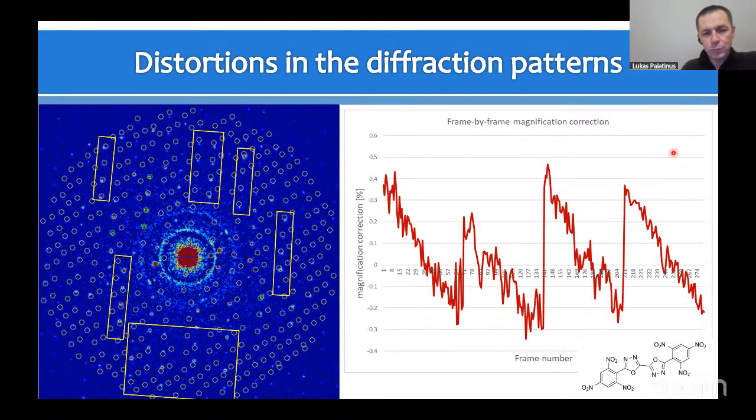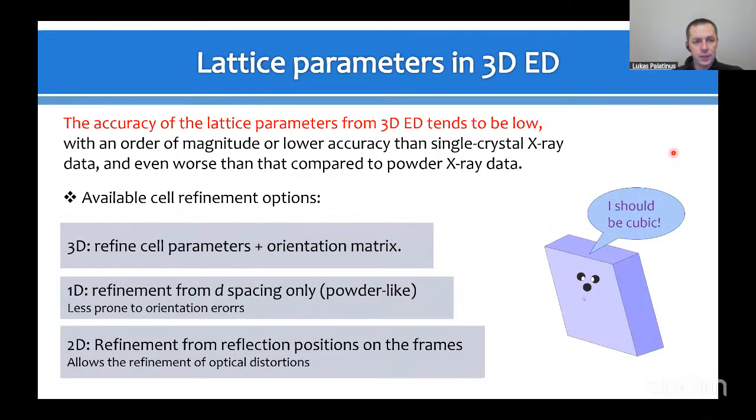So all this has to be taken into account and kept in mind when you interpret lattice parameters from 3D. As I said, they tend to have lower accuracy, but there are ways to correct for this, and there are a few options that we can exploit.